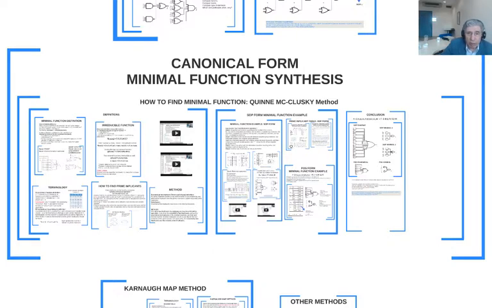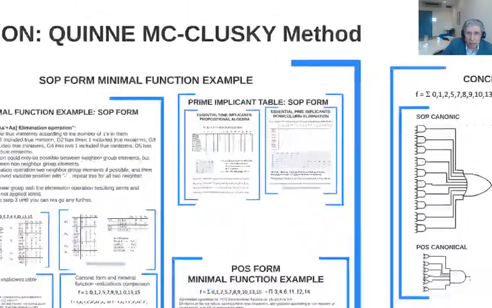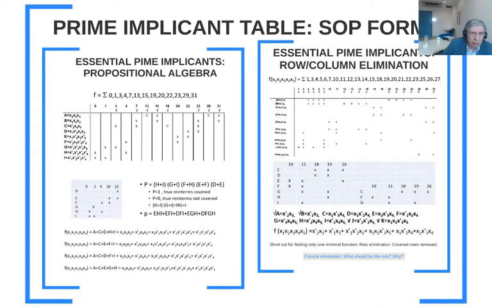After we have found the essential prime implicants, so these circled marks here help us to find the essential prime implicants. Then we have to find out the minimum number of prime implicants to be added to the essential prime implicants.